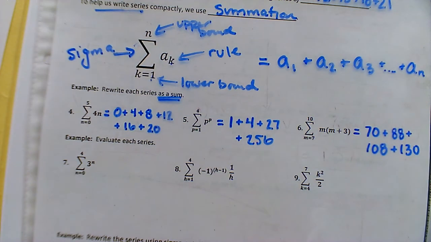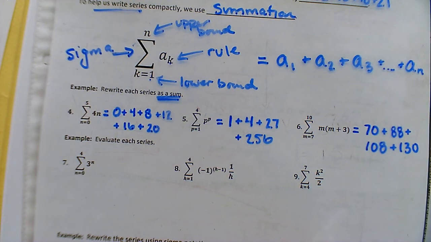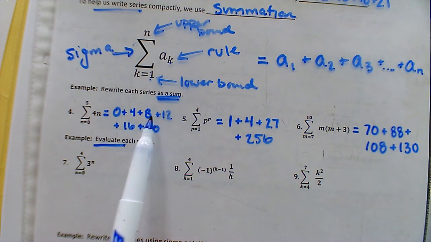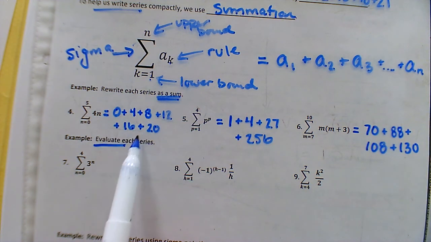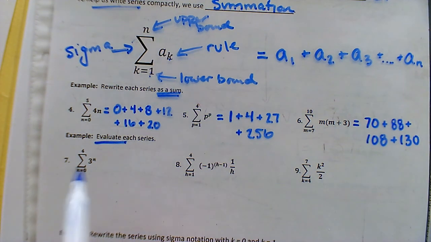Okay. So the next one, notice how the directions are a little bit different. It says evaluate each series. So that word evaluate means to actually figure out or calculate. So after we list, I don't want to say list, because then you're going to think sequence. After you write all of the numbers with the addition, we're actually going to perform the addition. We're going to add everything together.